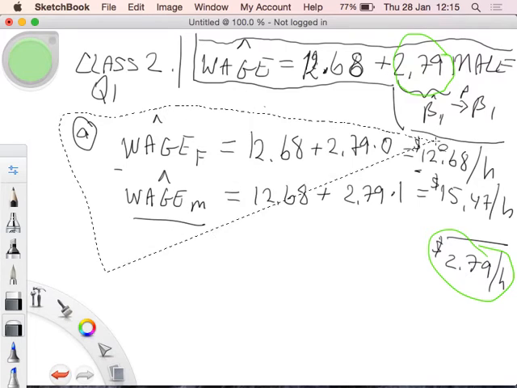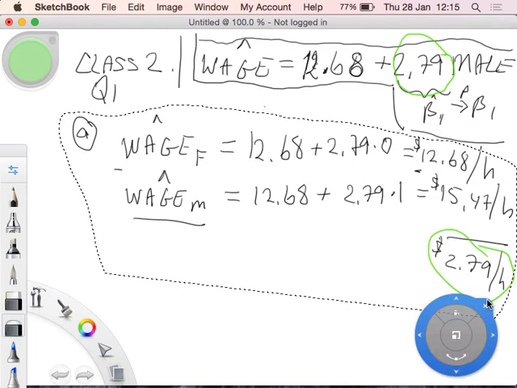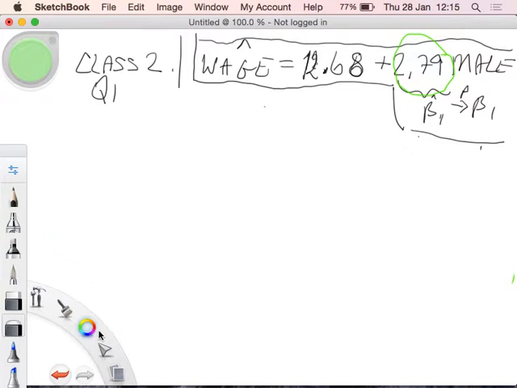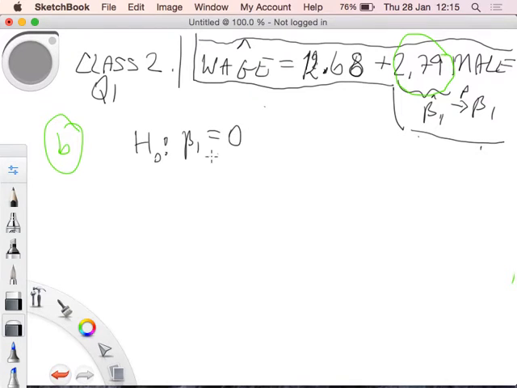Have you done the second one? Question B. B says, test the hypothesis that the population beta is 0, against the alternative that the population beta is not 0, a two-sided alternative.